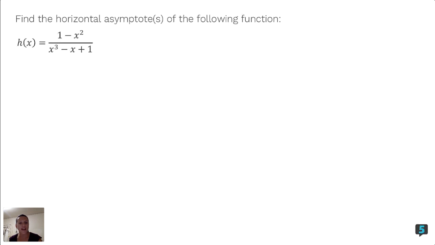Once you think you've got the answer to this one, go ahead and comment in the chat what you think the horizontal asymptote is.